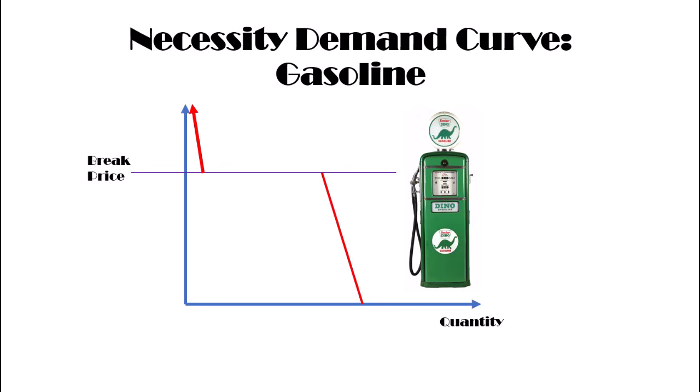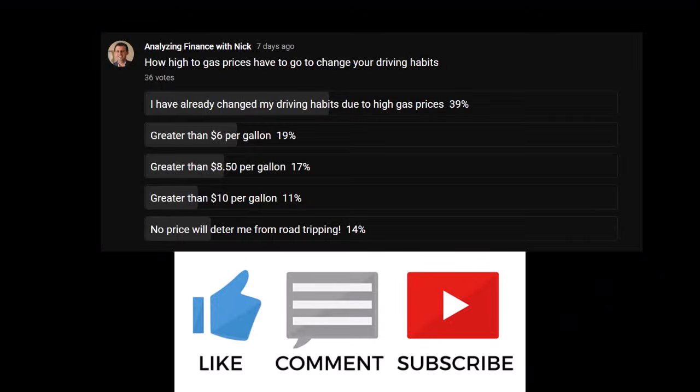I did a survey recently for my viewers to show the impact of this: what price would it break? Almost 40% of you said that current gas prices are enough for you to change your driving habits in a material way. And the vast majority of my audience would materially change their driving habits if gasoline climbed above $8.50 a gallon. And this is really an example of demand destruction.